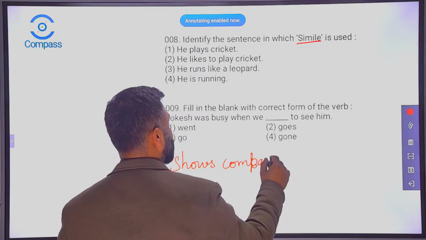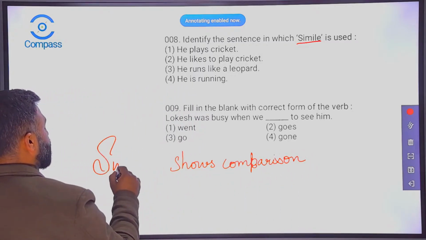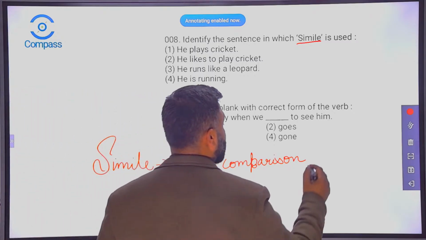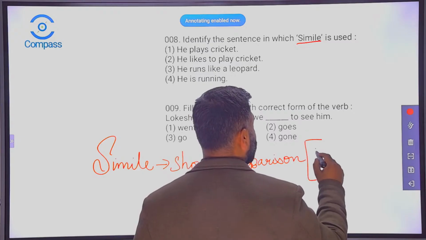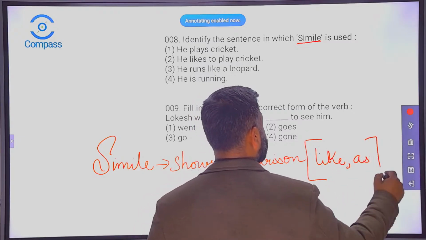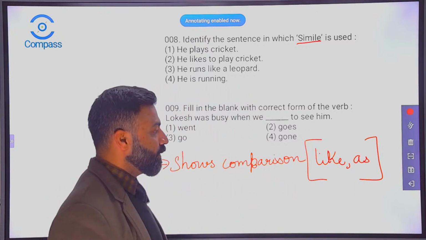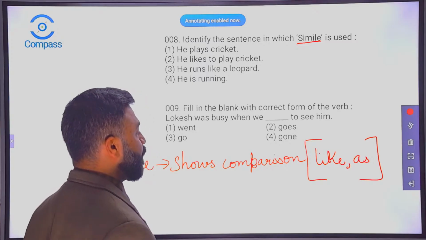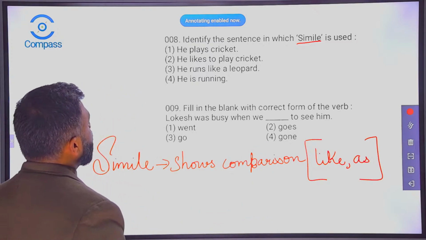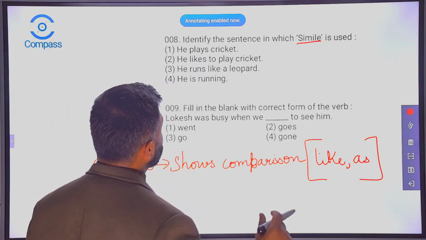A simile shows comparison with the help of words like "like" and "as". You will always find simile with the help of words like these. All right, so let's see. Identify the sentence in which simile is used.